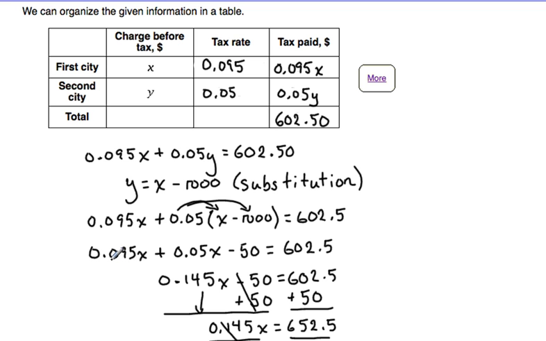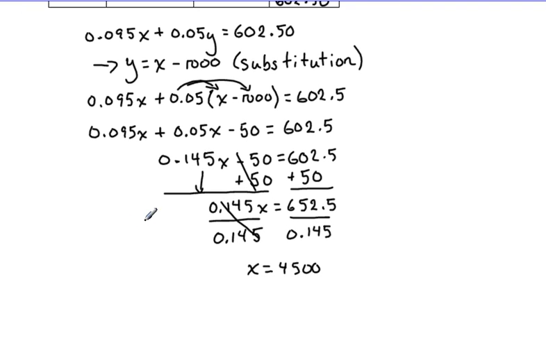Now, we still want the hotel charge in the second city, and in order to do that, we're going to take the 4,500 and plug it into this equation here. y we know is equal to x minus 1,000.